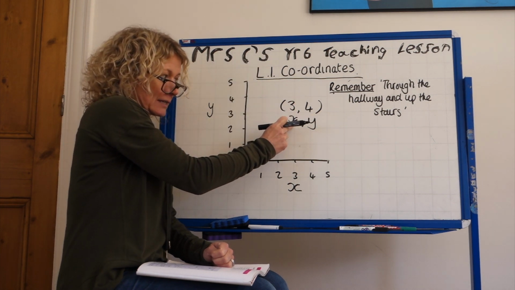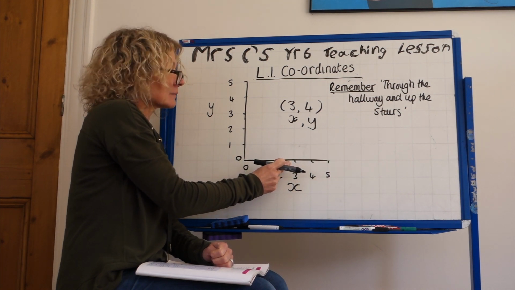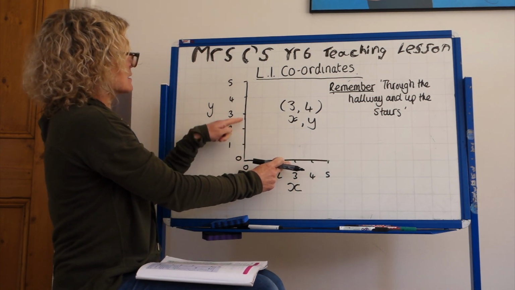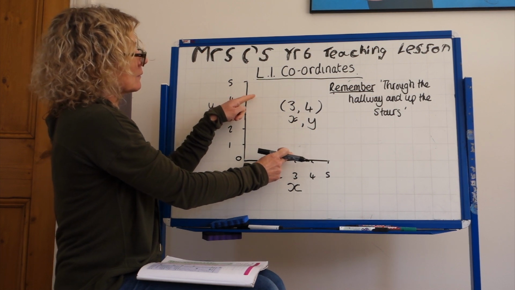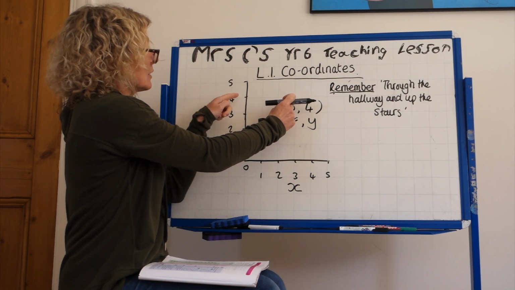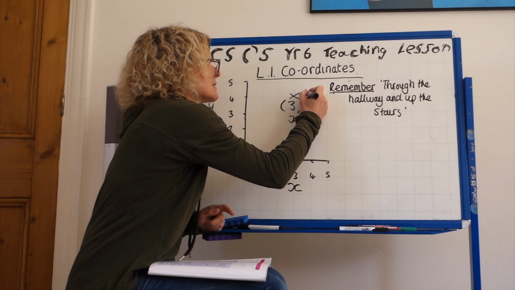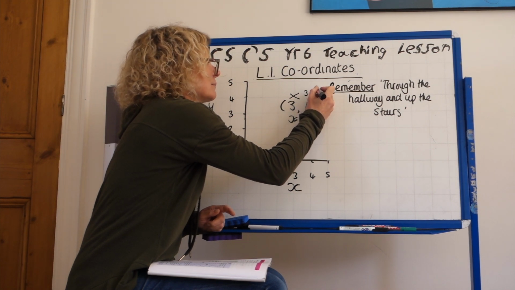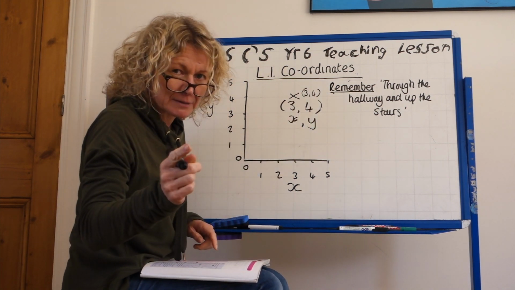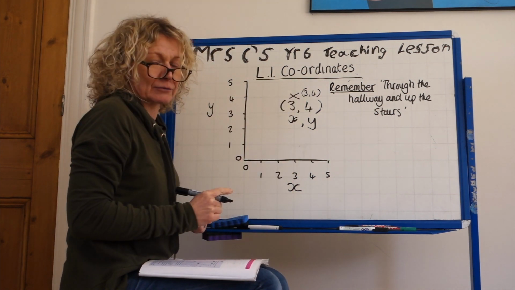So let's try plotting this X through the hallway to number 3 and then up the stairs to number 4. And then we join them together. So we follow the 3 line on the X and follow the 4 line on the Y and we get to here. And this is 3, 4. So we plotted, hopefully you have on your piece of paper, the first coordinate on our graph.